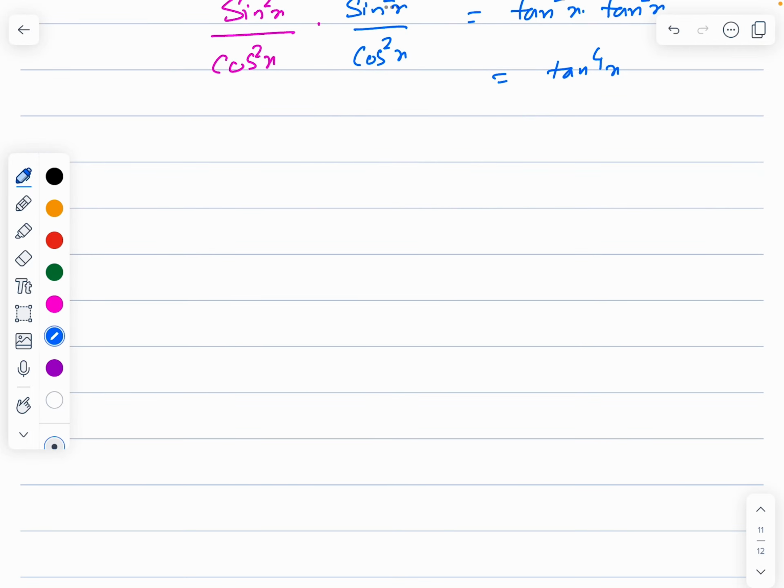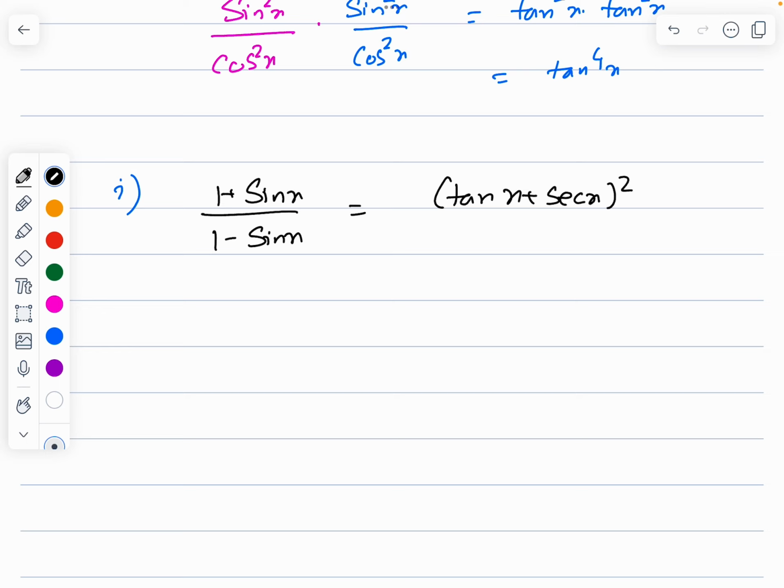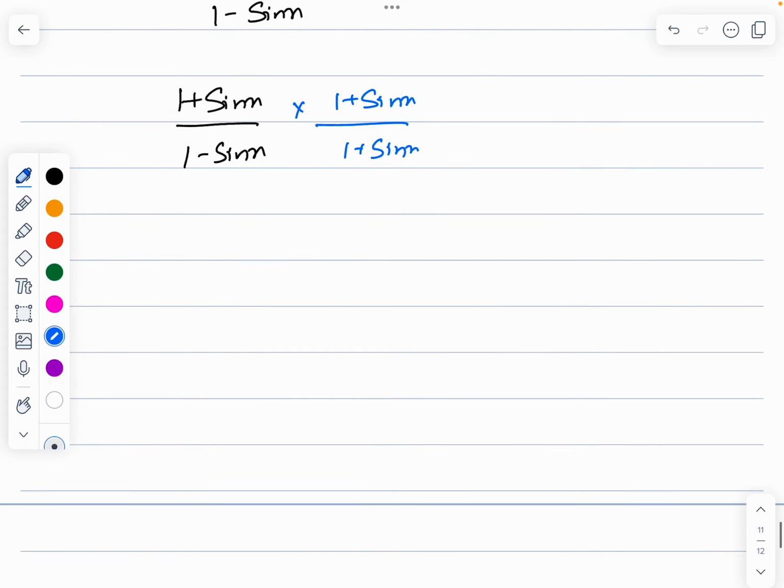Now coming to I, 1 plus sin x divided by 1 minus sin x equals tan x plus secant x whole square. So 1 plus sin x divided by 1 minus sin x. Do the rationalization, multiply and divide with 1 plus sin x. Then what does it become? 1 plus sin x whole square divided by 1 minus sine square x.